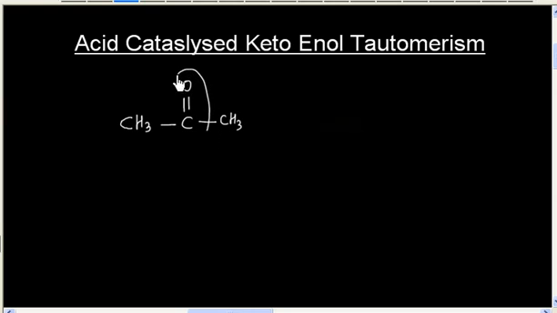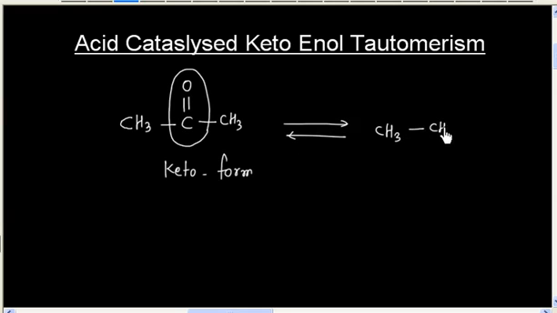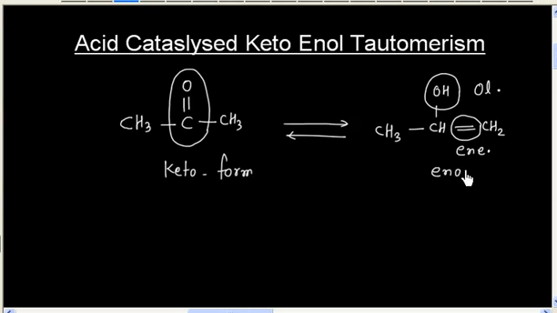Now this molecule has a keto functional group, so this is called the keto form. This molecule has an OH functional group and it also has an alkene functional group, so this is called the enol form.